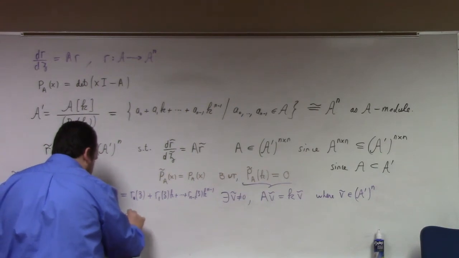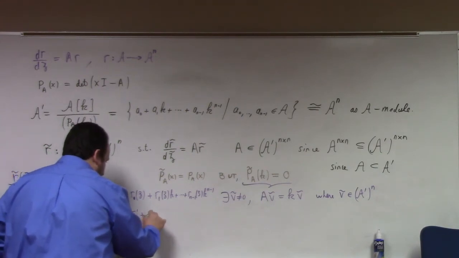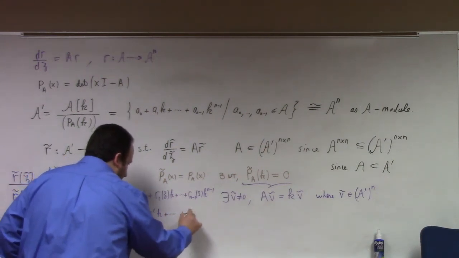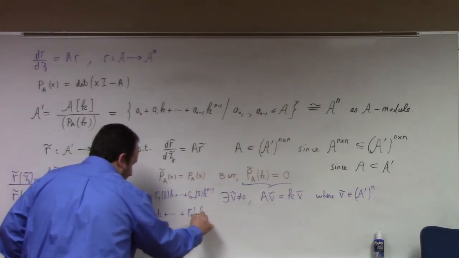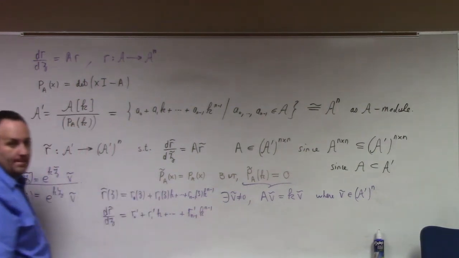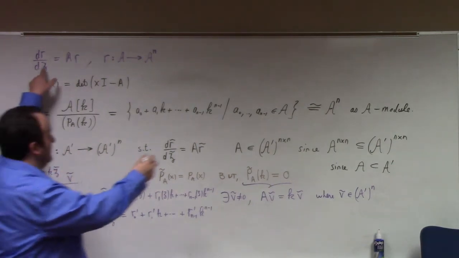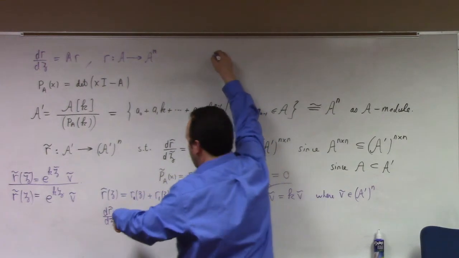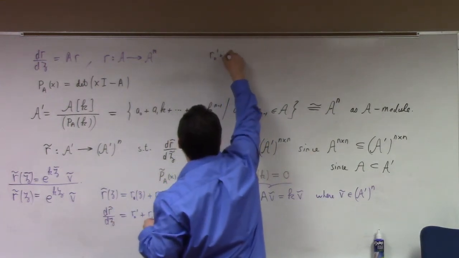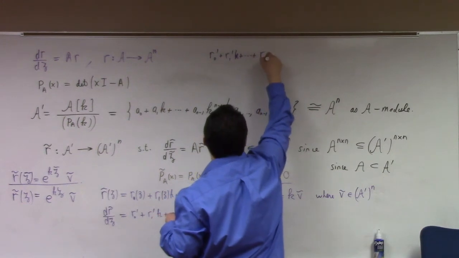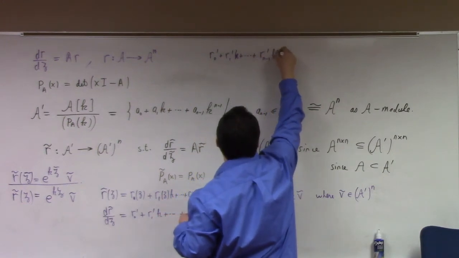So it's like, R naught prime plus R1 prime k, ... Rn minus 1 prime k to the n minus 1. So like going back up to here, you've got something like, R naught prime plus R1 prime k plus Rn minus 1 prime k to the n minus 1.